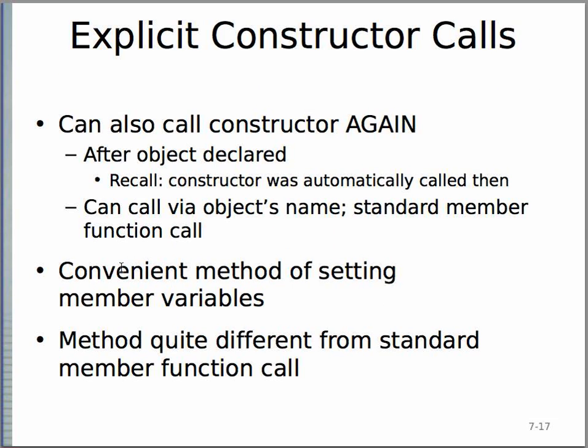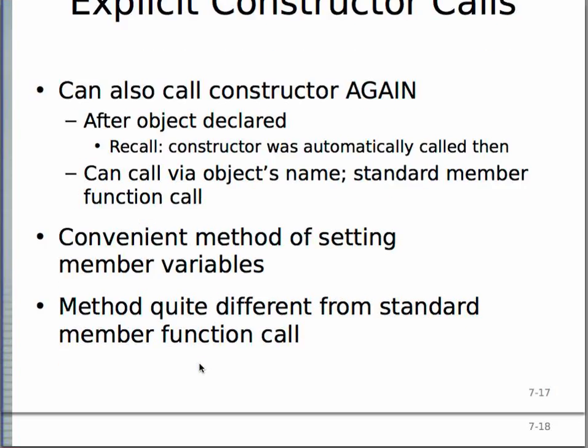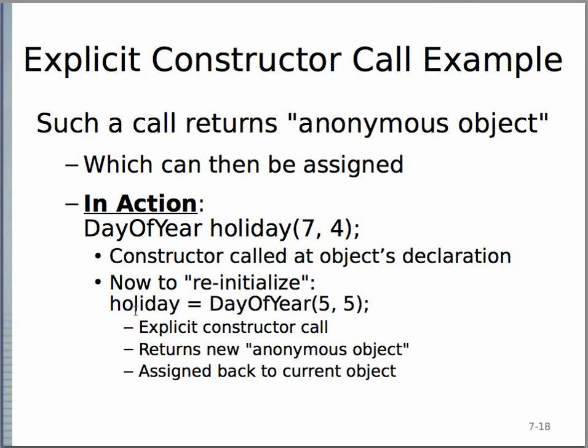This is a convenient way of setting data members or member variables, and remember that this method is quite different from a standard member function call. So for example, if you want to call the constructor with two parameters, you pass in two arguments, in this case 7 and 4.